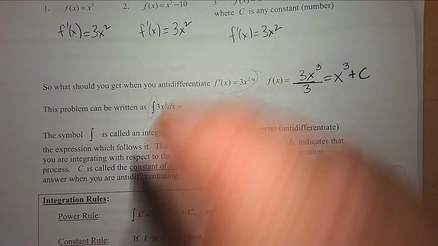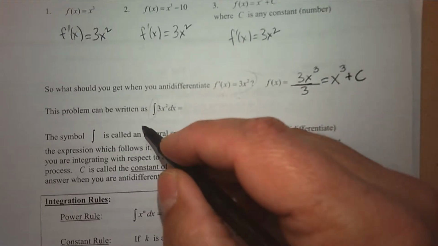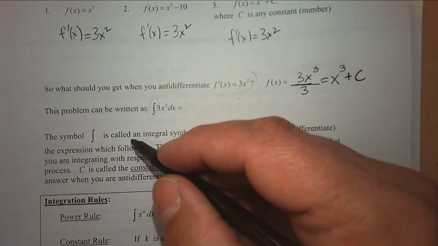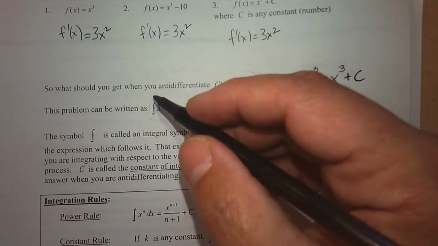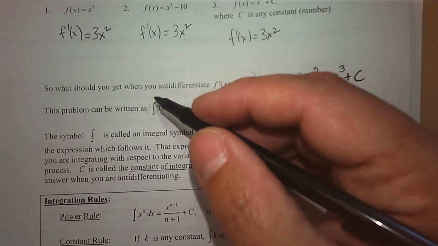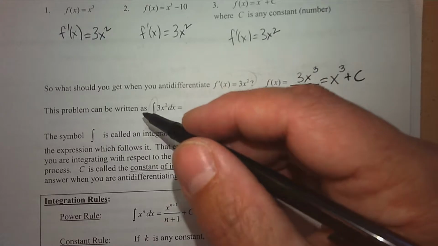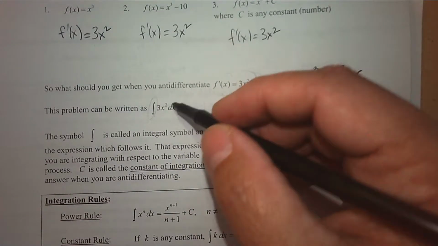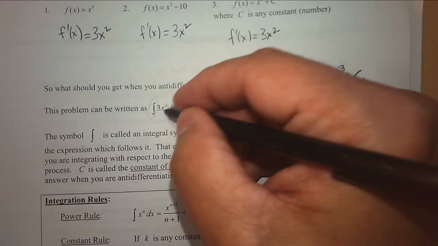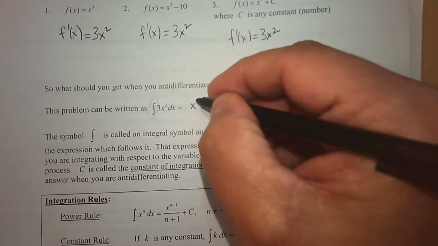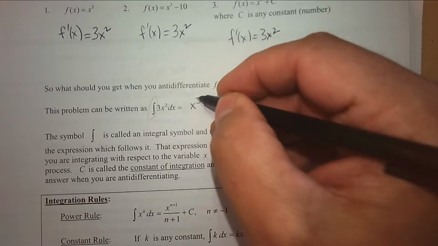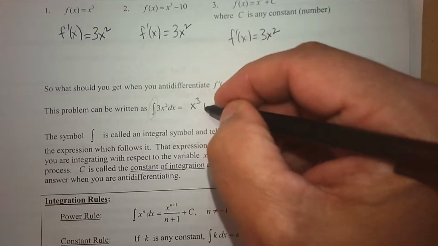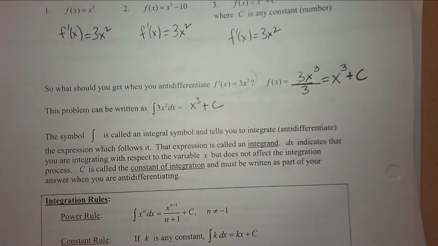So if you see that symbol, which kind of looks like a long, weird S, if you looked at a violin or a cello maybe, it has that kind of a symbol carved out. It would be the same answer. So you'd add 1 to the exponent, so it's x cubed, divide by 3, so 3 divided by 3 is 1, and then you can't forget the candy.